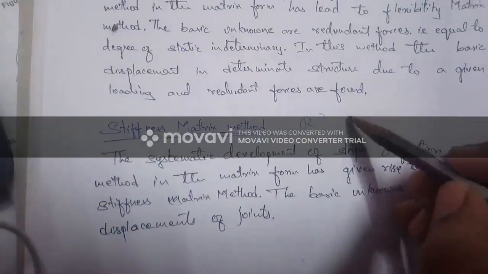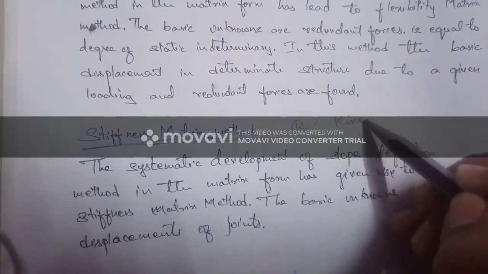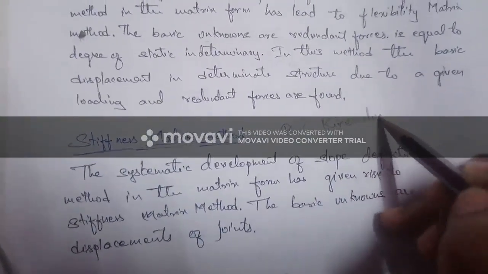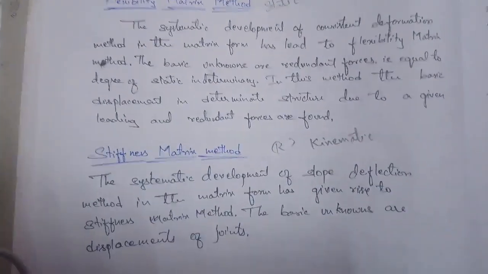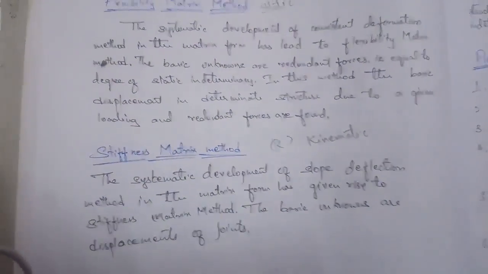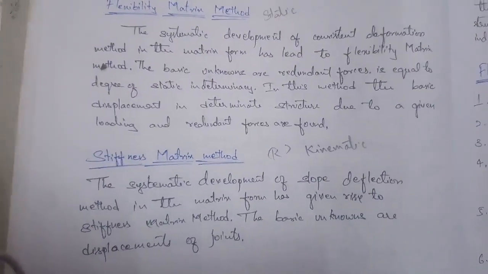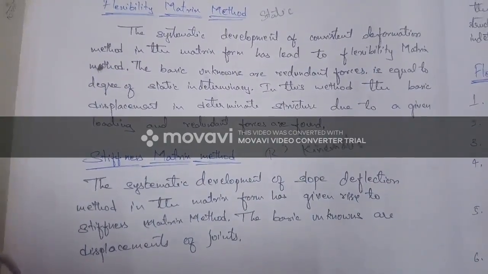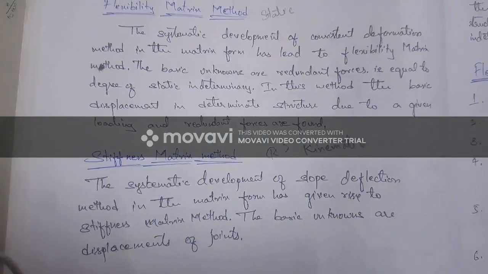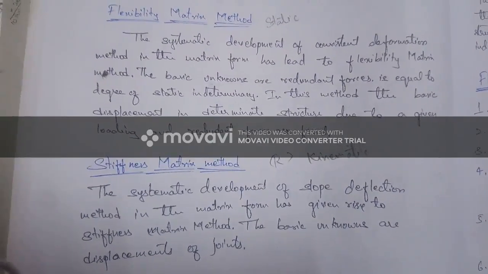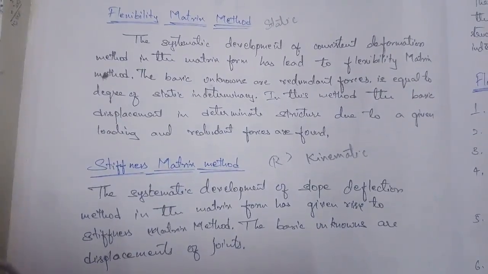Normally when a structure is indeterminate, we cannot analyze it. For that we are supposed to make the structure determinate, and to make it determinate we use the flexibility matrix method and the stiffness matrix method.